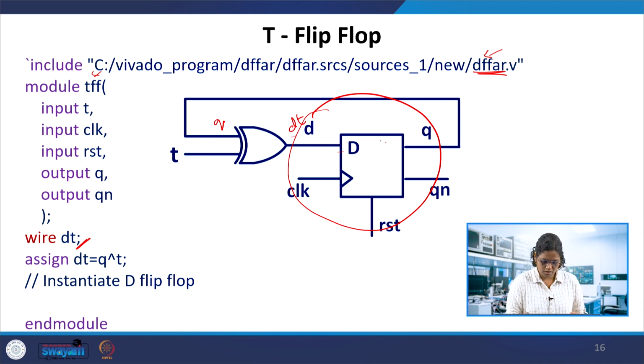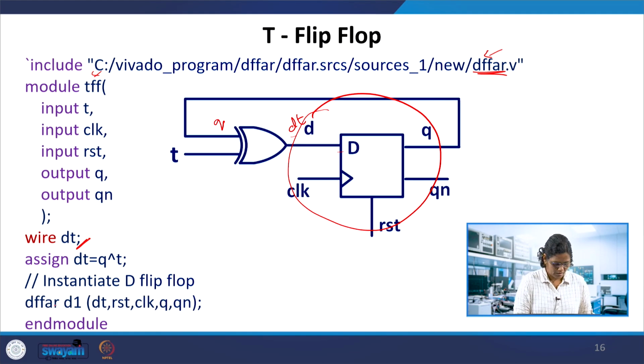Now the continuation of the D flip-flop description. Instantiate the D flip-flop DFFR, that is the name of the file module, where we used the D flip-flop asynchronous reset, and the optional instance name here. You can see this is DT, the D input.